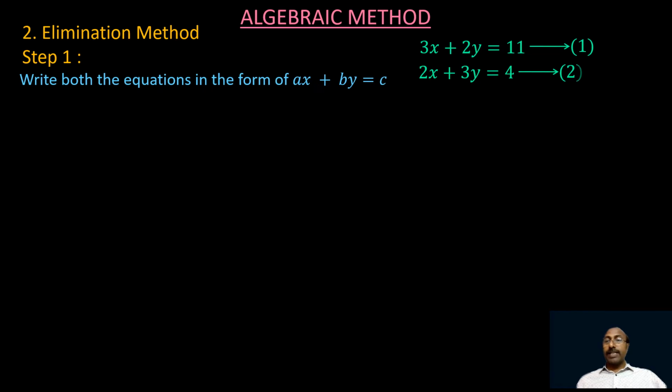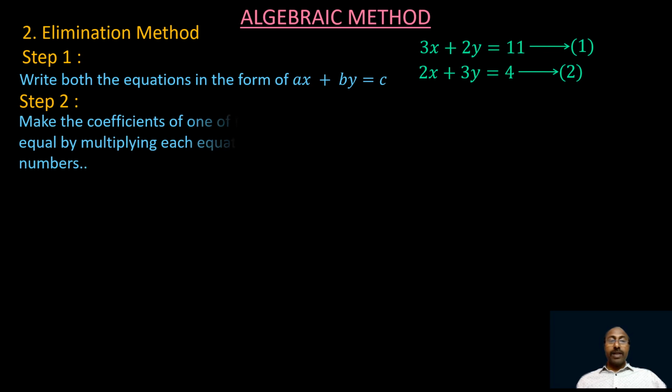Take the equations as equation 1 and equation 2. After that, make the coefficients of one of the variables, say x, equal by multiplying each equation by suitable real numbers. So what do we do here?